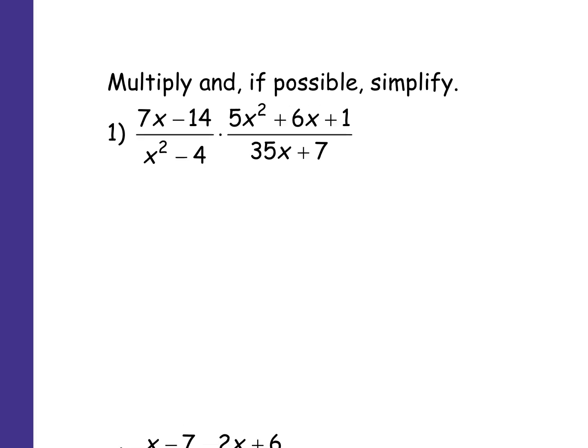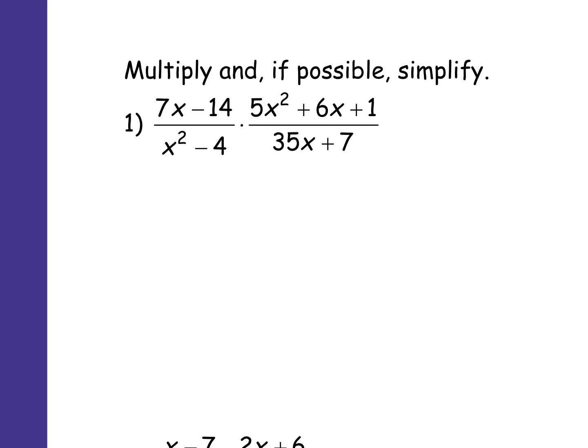So here we go. I know it's kind of big and kind of ugly, but all we're going to do is factor. We're going to factor everything, okay? So I'm going to start by factoring the top over here. 7 comes out of that, right? Yes, so that's x minus 2.